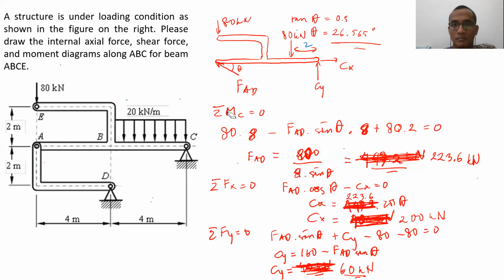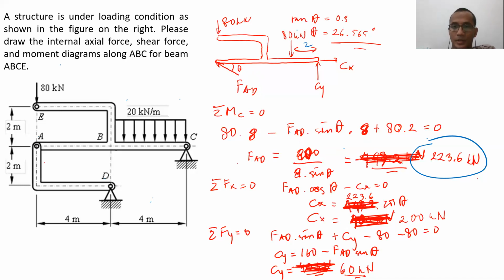Then plus this one, 80 kilonewton multiplied by 2 meters, the moment arm. After rearranging the terms, we get that FAD is equal to 800 divided by 8 multiplied by sin theta. That's why our value of FAD is 223.6 kilonewton.